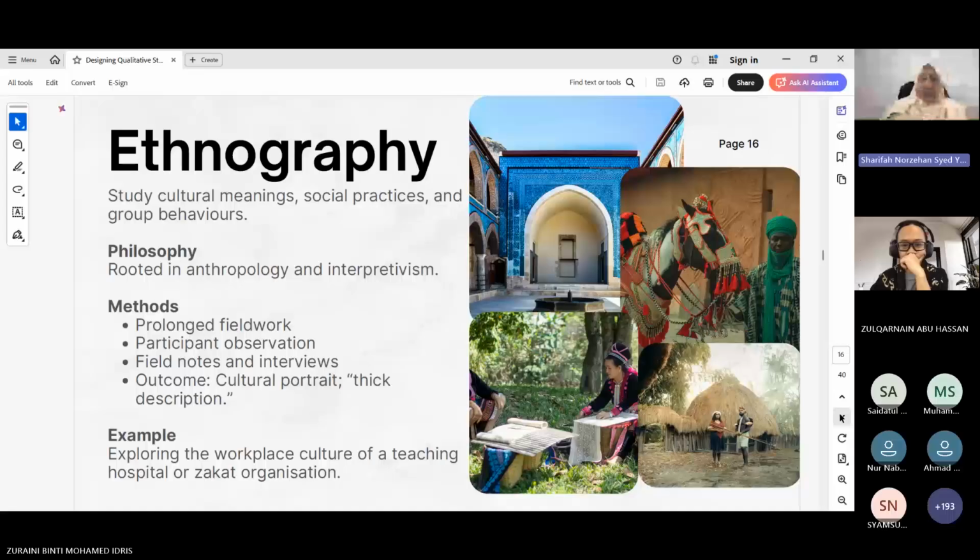So it's very much anthropology with a little bit of interpretivism, because you have to interpret. When you look at the pictures I've shown you here, you're talking about the building. What can you say when you look at this particular building? You want to know the meaning of it, and you want to know more about living in that building.